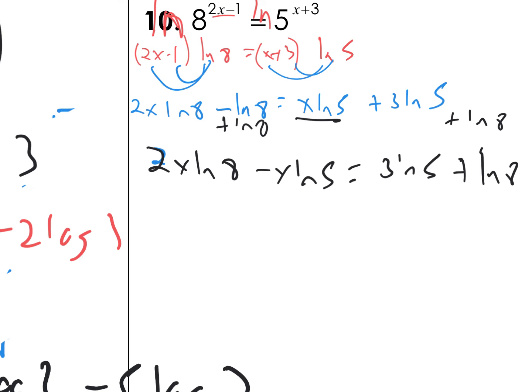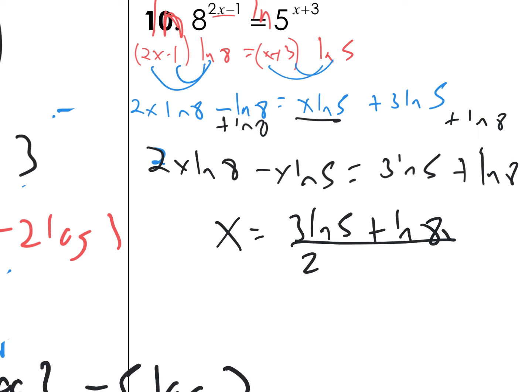So now my final answer, another hocus pocus here. I'm going to factor out the x, and everything that's left inside will be what I divide by. So x will be the exact answer, 3 natural log of 5 plus natural log of 8 divided by, here's the magic, 2x, I'm sorry, wrong. Already, my magic went wrong. 2 natural log of 8.